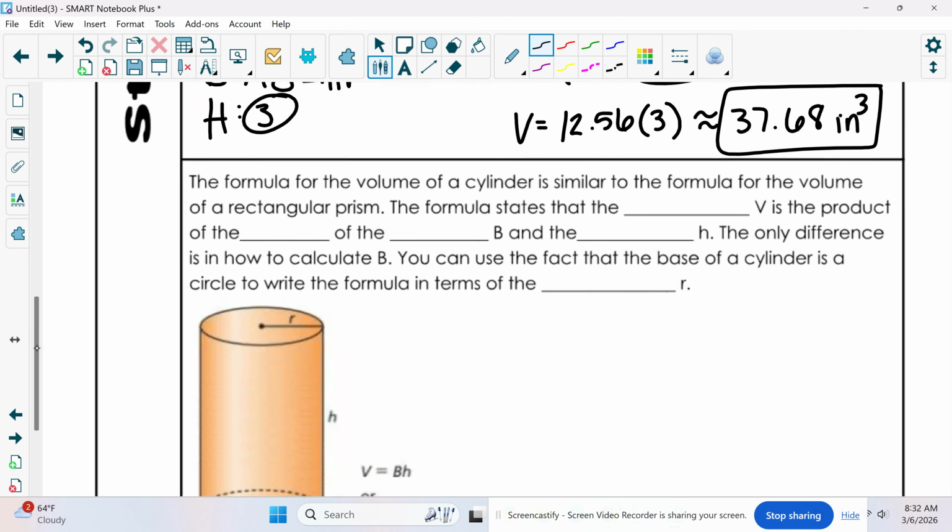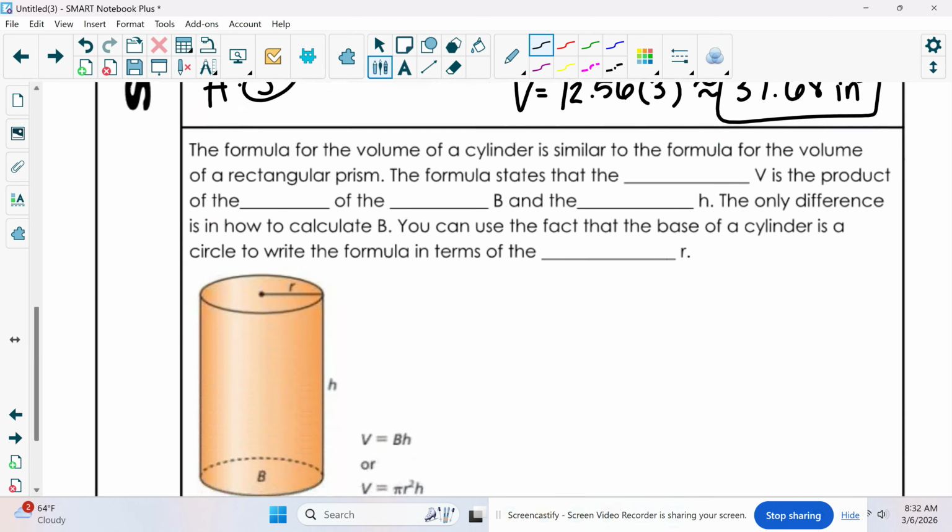So the formula for the volume of a cylinder is similar to the volume formula for a rectangular prism. The formula states that the volume, V, is a product. What does product mean? Answer to a multiplication problem. Multiply, right?